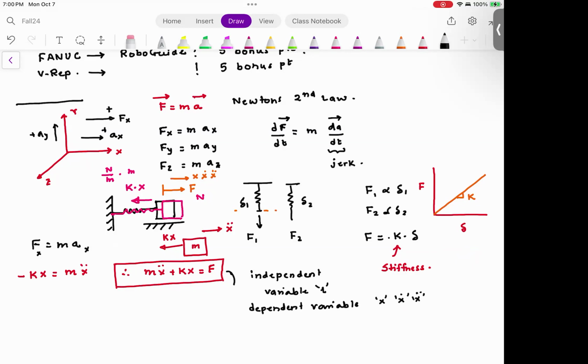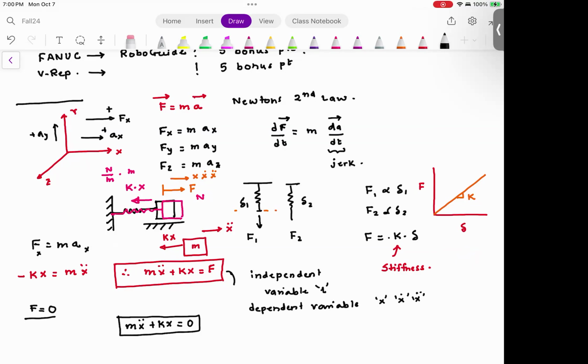Now, for the sake of discussion, let me take an example where F is equal to 0. Let's say I remove the force F. Then my equation becomes m x double dot plus kx is equal to 0. I want you to visualize this. Assume that there is no damping, there is no external resistance.